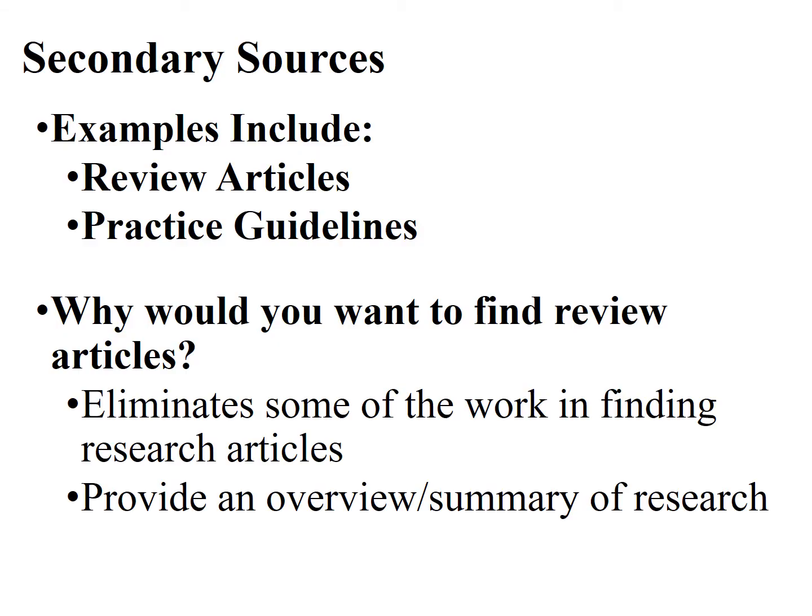The second source type I will discuss is the secondary source. Secondary sources are called secondary because they are derived from primary sources. Secondary source types include review articles, clinical practice guidelines, interpretations and evaluations of primary sources, and other articles including news articles that refer to primary sources.